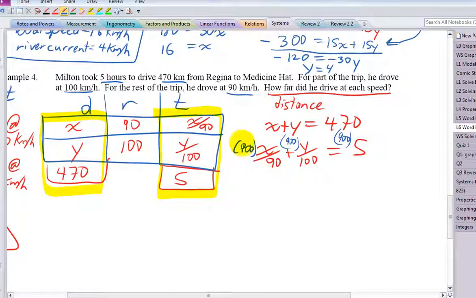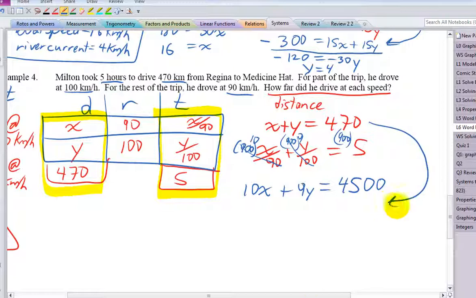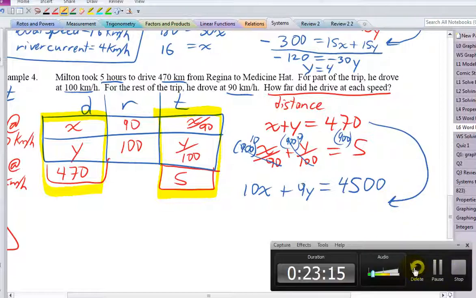Make sure you divide first, because 900 divided by 90 is 10. 900 divided by 100 is 9. Here there's no dividing, so we just multiply. Okay. What should we then do with our top equation? I want you to solve now. Go.